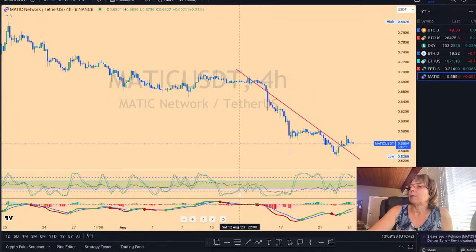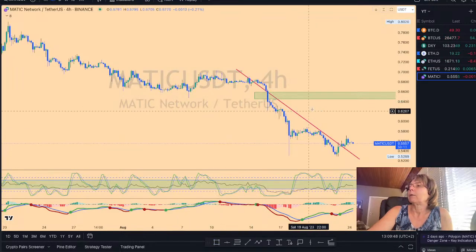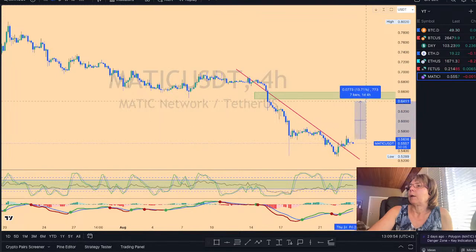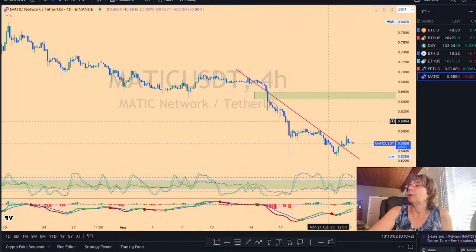There's a nice imbalance right over there. You can see right there. So that will be about the target you chase, and the profit in that trade is 14%. If you fill the imbalance, 16%. So there's a great opportunity there for Matic.